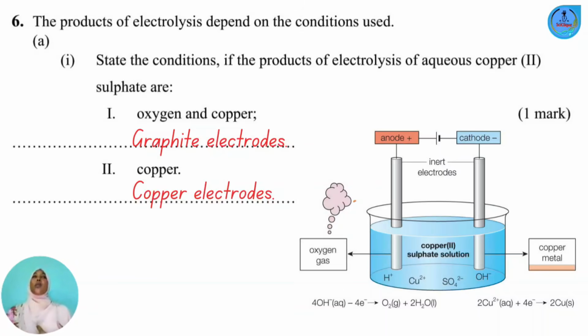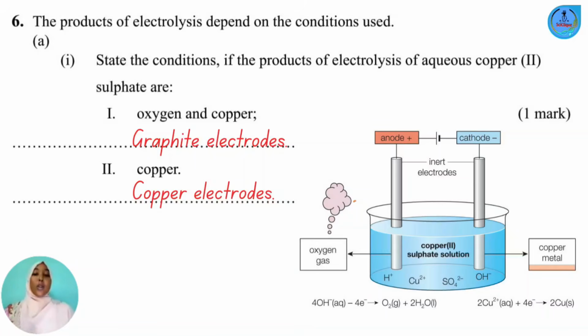Okay, so what I was saying is that when it comes to the anode, we are going to have hydroxide ions being discharged. When I talk about discharged, that means ions either undergo reduction or oxidation. So on discharge, we are going to end up having oxygen gas being released. And that is what you see.